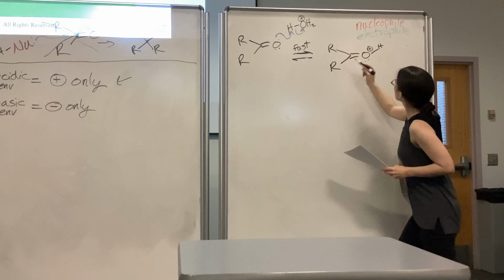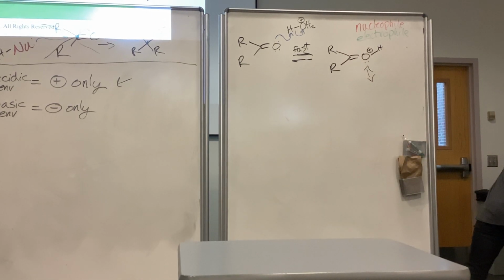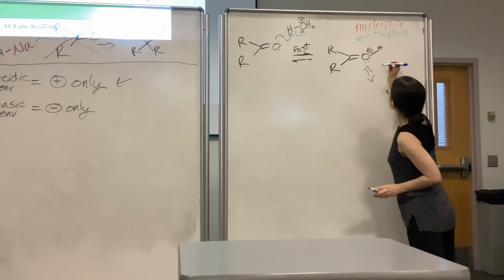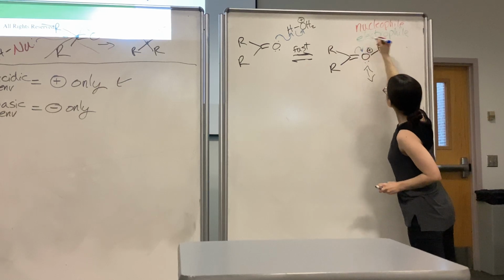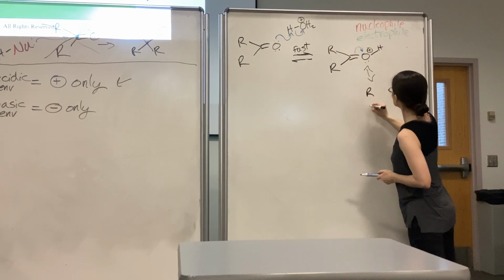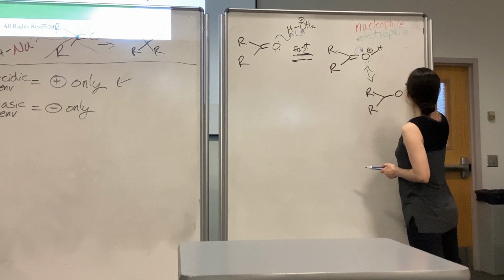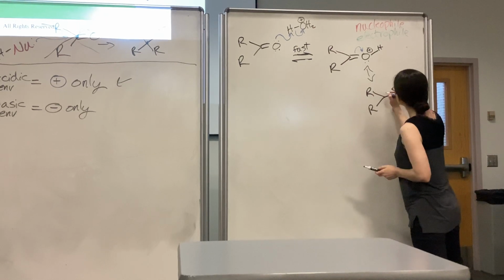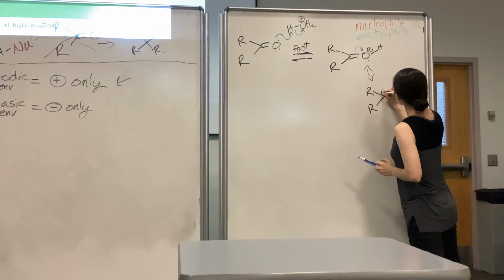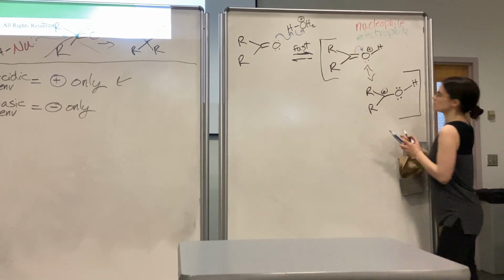So this guy is the way that we can do resonance with that guy. Let's do this. We can go like this, and we get, I'll sort of try to put those in brackets, right?